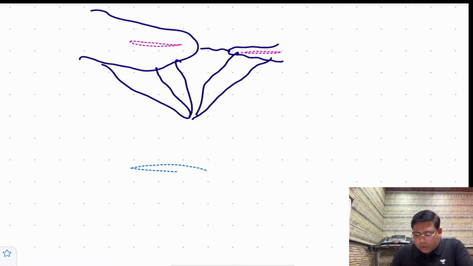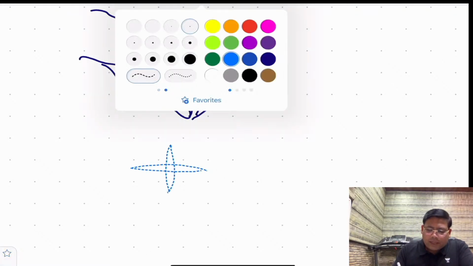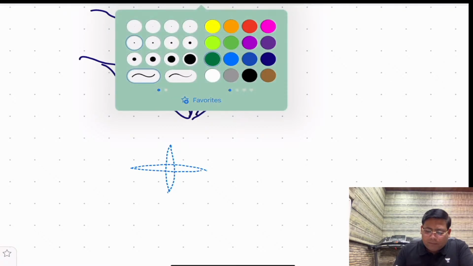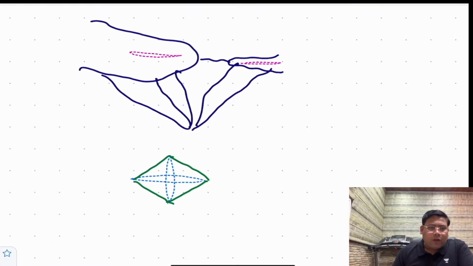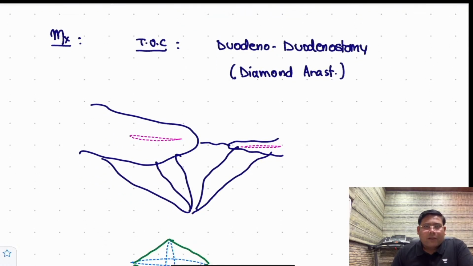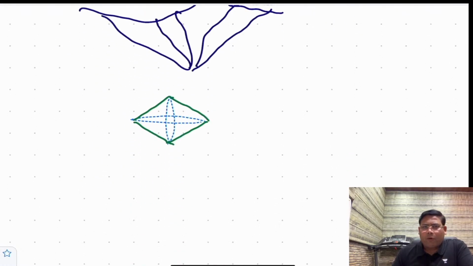So the orientation of incisions should be like this. What is the advantage of this? You have the maximum aperture covered, and that is what is known as a diamond shape anastomosis. So duodenostomy, I'll share. Don't worry. This is very important.